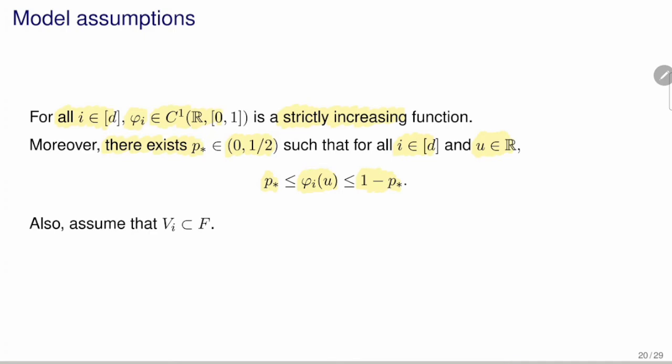So this assumption ensures that the probability of observing a 1, no matter the path, will be always larger or equal than P star, and it will be at most 1 minus P star. And the third and last assumption is that we assume that Vi, so the interaction neighborhood, is contained in the set F, so in the set of observed neurons.